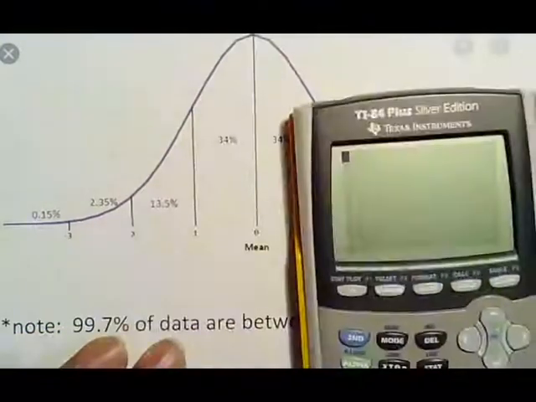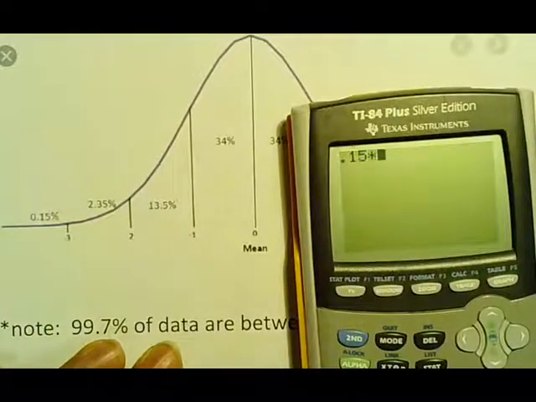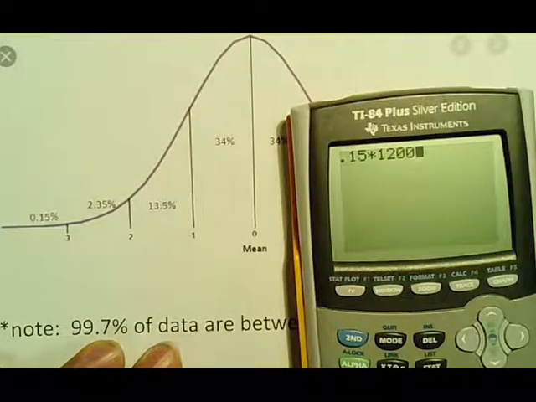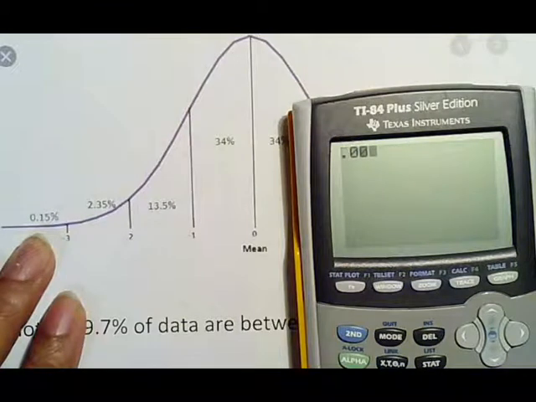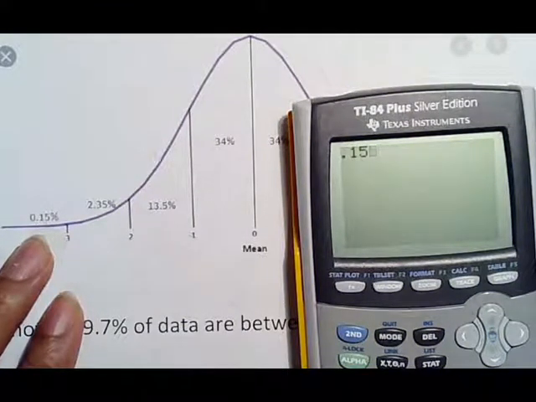0.15%. And there are, I think, 1,200 students in Southeast High School. No, I'm sorry, it's 0.015%, so 0.00. Actually, let me do it this way. 0.15. Let me cheat. Where's the percent button? It's not there.